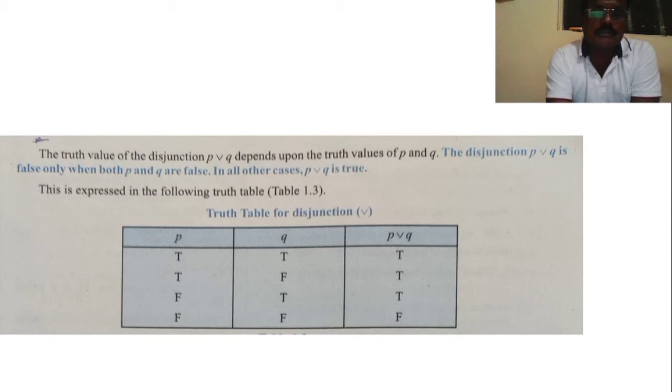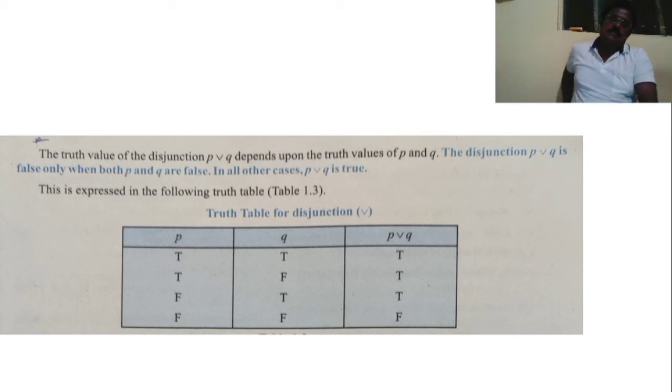First false, second true: F or T is T. First false, second false: F or F is F.